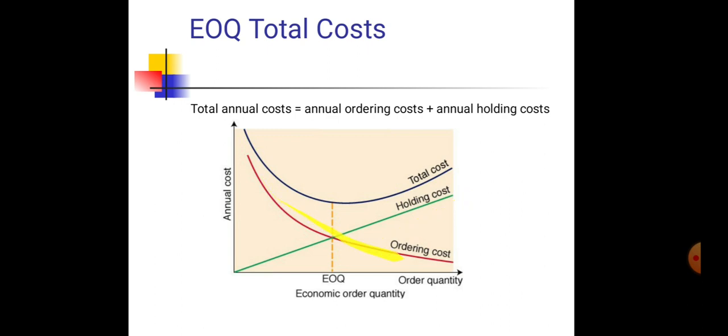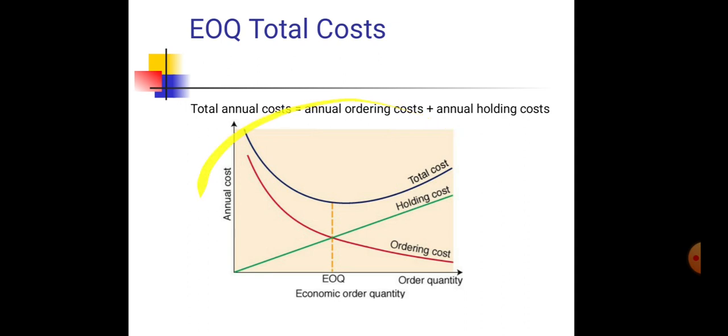These two factors, the curve of ordering cost and the curve of holding cost, cross at one point where you can find the total cost is reduced. You will get the minimum total cost. So this is the EOQ, the economic order quantity. You can design your system considering this EOQ.